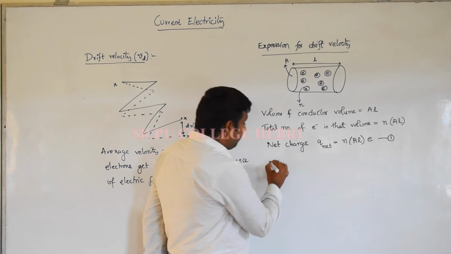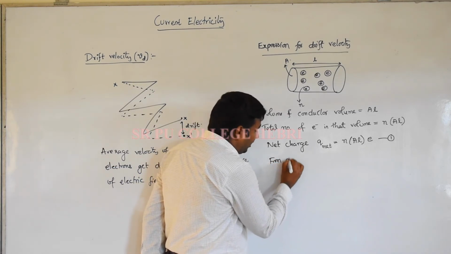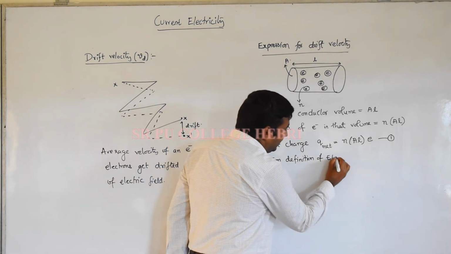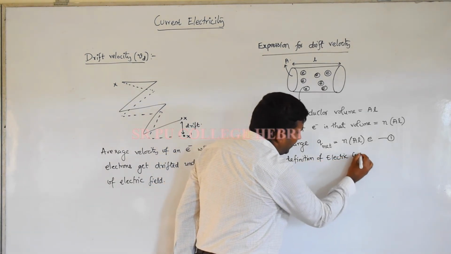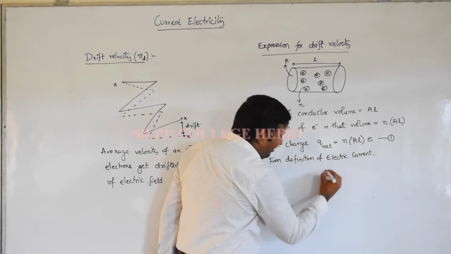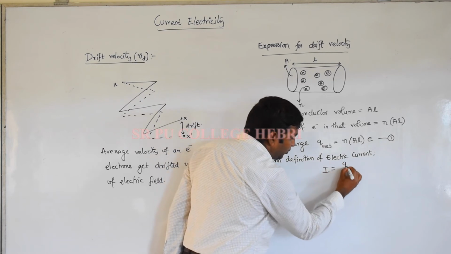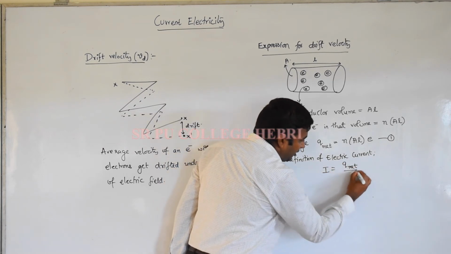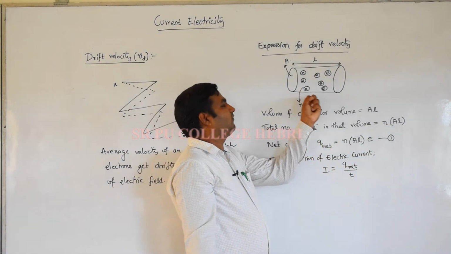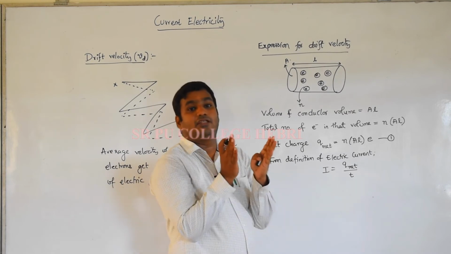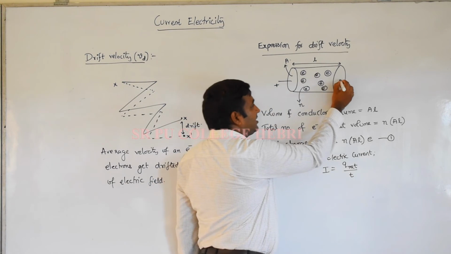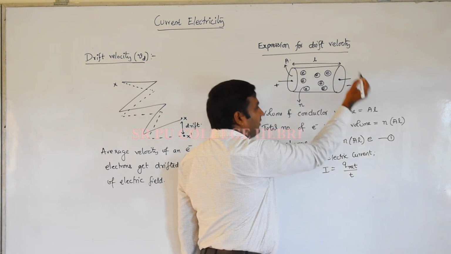Once I get the net charge present in a conductor, I want to find the electric current. From the definition of electric current, we have I is equal to Q net divided by time T. Here T is the time required to take the electron from one end to another end by applying the electric field or electric potential. And this end is connected to the positive end, this end is connected to the negative end of the battery.